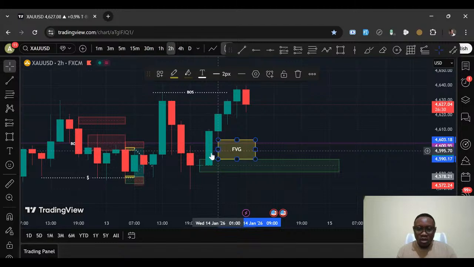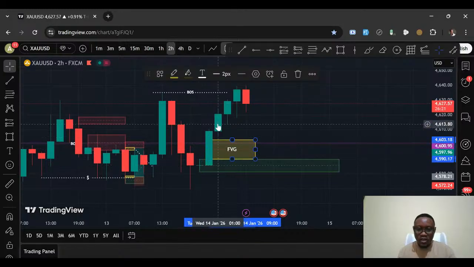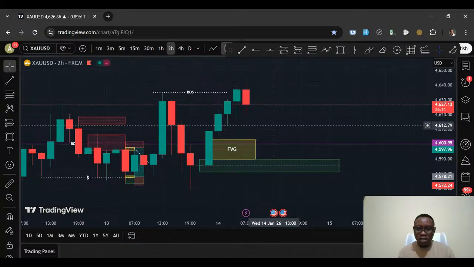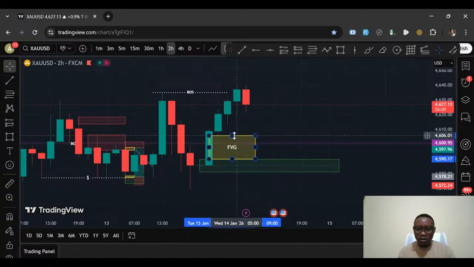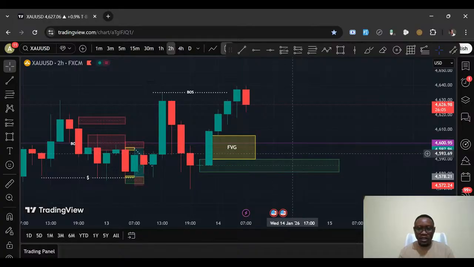The gap between the pivot candle and the candle after the momentum candle, that is this candle and this candle, that is our fair value gap, right? So this is it. Let's fill this up like this. All right, so this is our fair value gap.